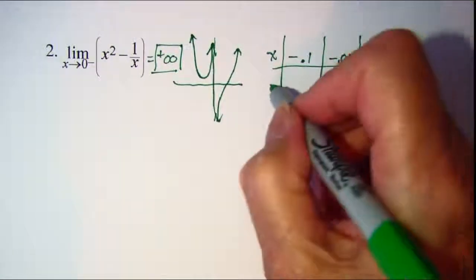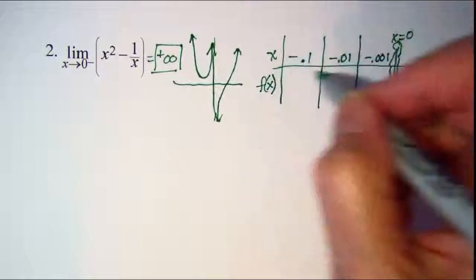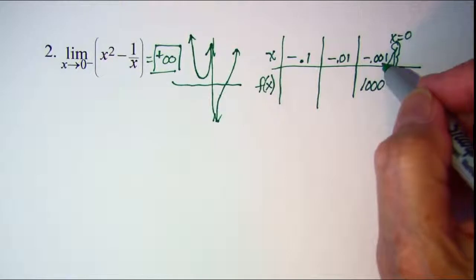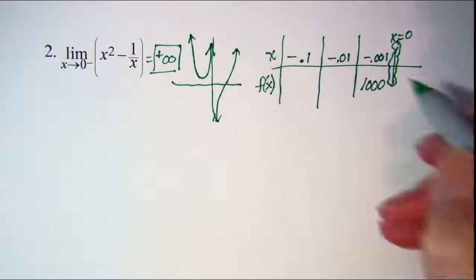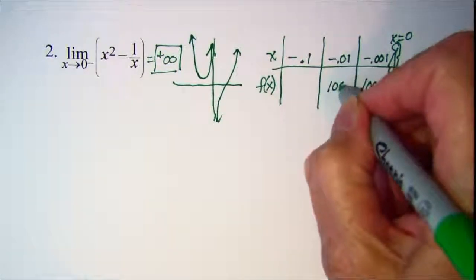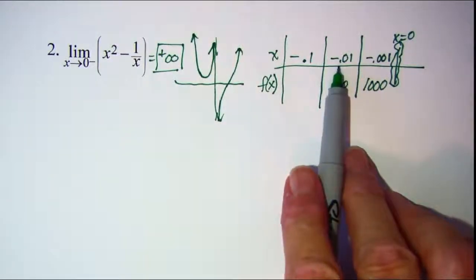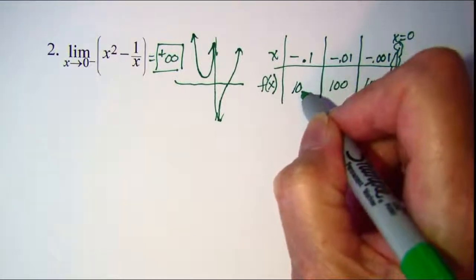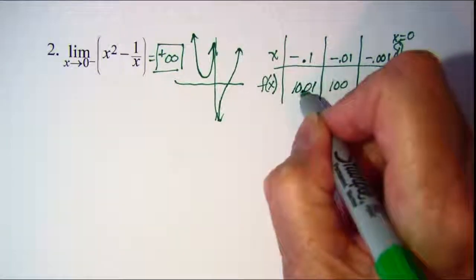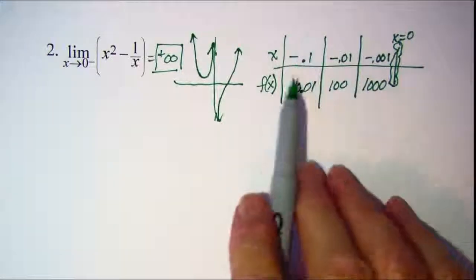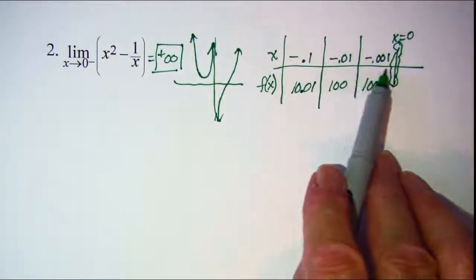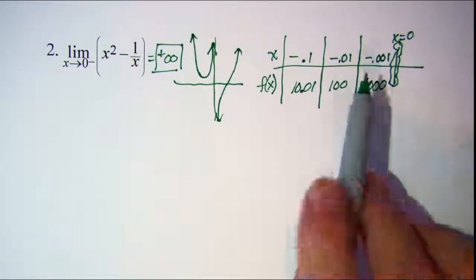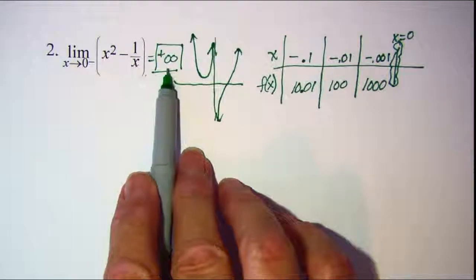This f of x then, our y value, is 1000 when x equals negative 0.001, and it's 100 for x equal negative 0.01, and 10 approximately, actually 10.01. So we can see that as we approach x equals 0 from the negative direction, our values are getting very large, and so our limit would be a positive infinity.